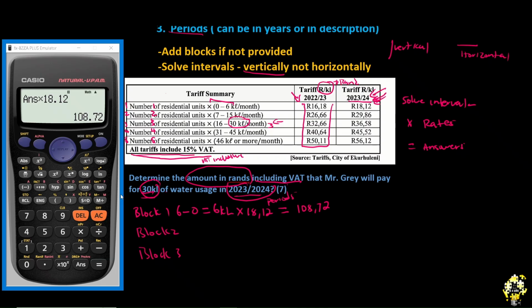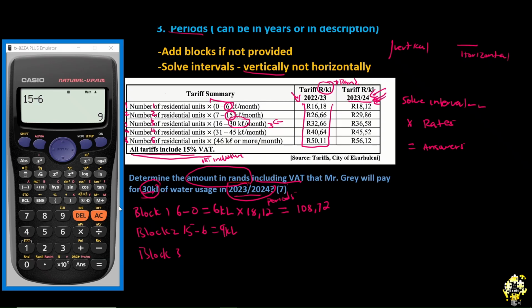I only do horizontally at the beginning because there is a 0. But immediately I start going to block 2, block 3, I use the vertical mode, which means it's going to be 15 subtracting a 6. Now let's come here. What's 15 when you subtract a 6? Well, you get 9 kiloliters.